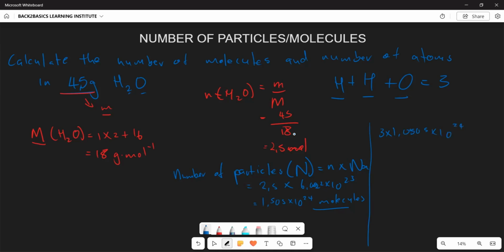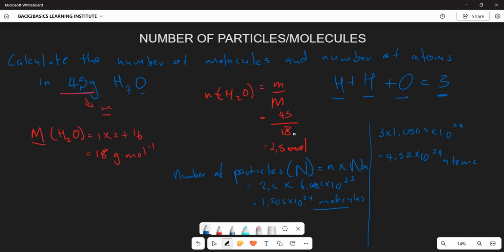This is going to give you 4.515 multiplied by 10 to the power of 24 atoms altogether. So this is how you calculate the number of atoms. Please understand that this 3 comes in because you have 3 atoms in your H2O, and that is the reason why we are multiplying by 3.